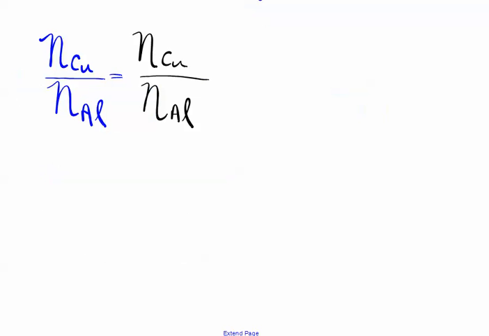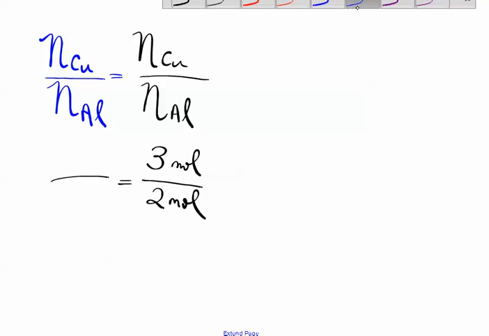So our number of moles of copper ideally is what? 3 to 2 moles here. And this is what we're trying to find. If we were using that 10 grams of aluminum, how many moles would we get out the other end of copper?